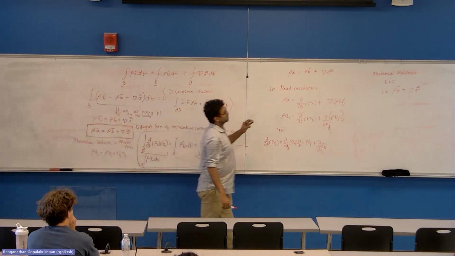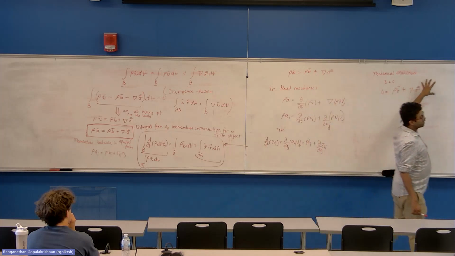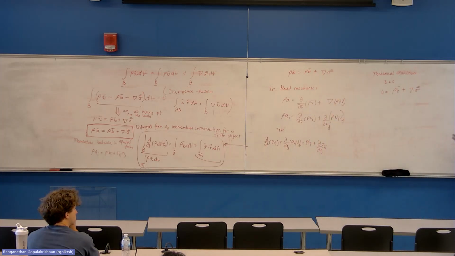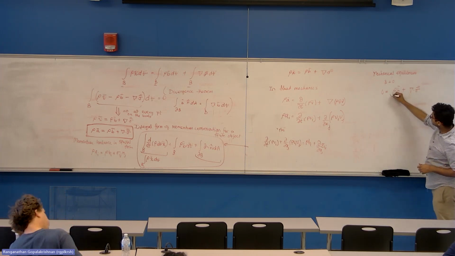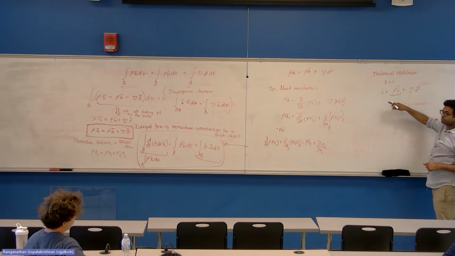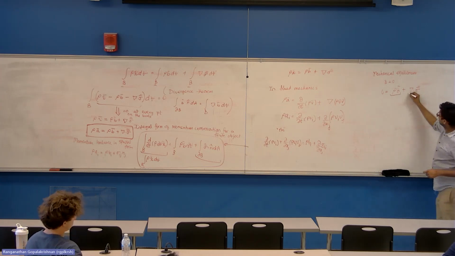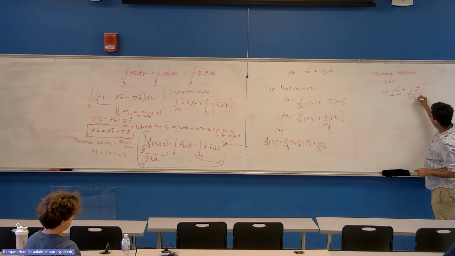First of all, this relation is applicable at any point in that object or in that medium. At every point, it is satisfied. That's what equilibrium means. So it's like saying the external force at any given point is balanced by the internal stresses or internal forces.